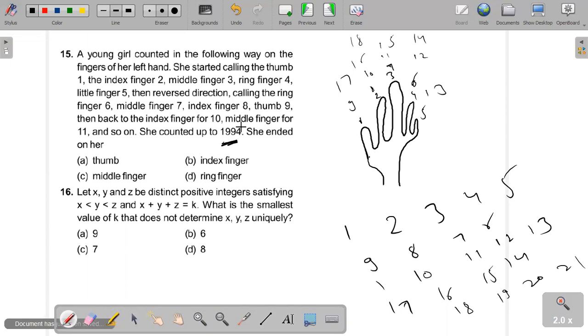So what I can see here is from 13 to 21, we jump by 8, right? If I add 1600, then 1613 would lie on the fifth finger, right? Then I would add 400, that means 2013 also lies there.